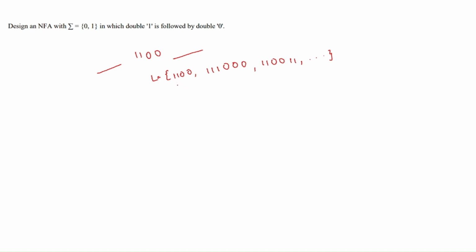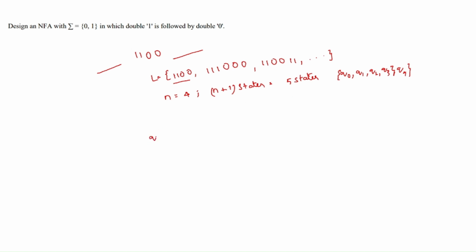The minimum length of the string we have here is 4, that is our n is 4, so we need to have n plus 1 states. So 5 states. Let our states be q0, q1, q2 and q3. Sorry, and also q4, as we have 5 states.